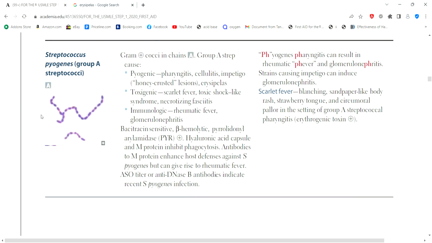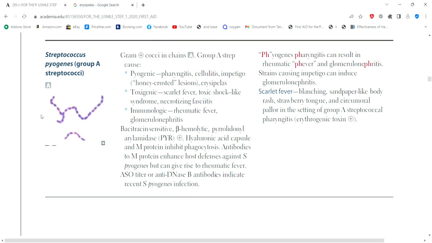Streptococcus pyogenes, it's a virulence factor for Streptococcus pyogenes. M protein is on the Streptococcus pyogenes, and that's how it invades the body. On a molecular level, M proteins are mimicking the structure of heart proteins.